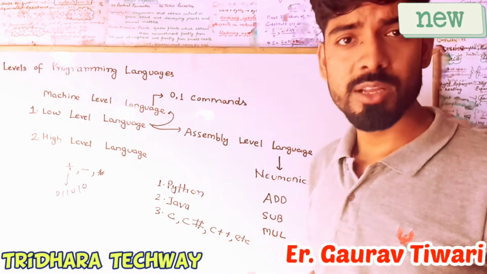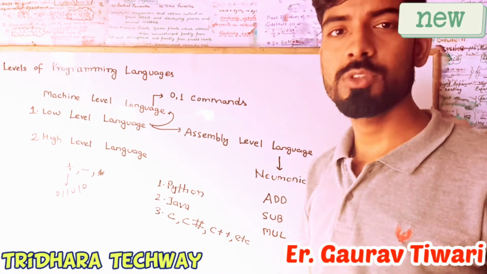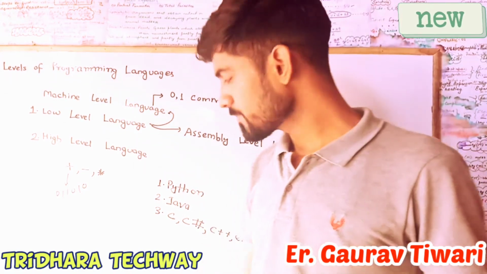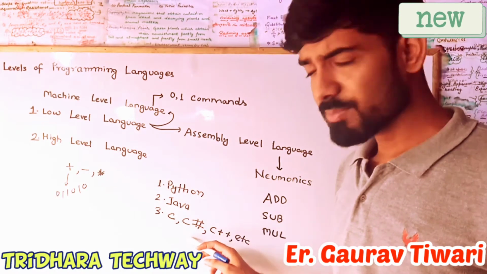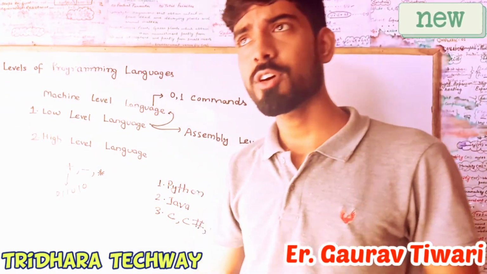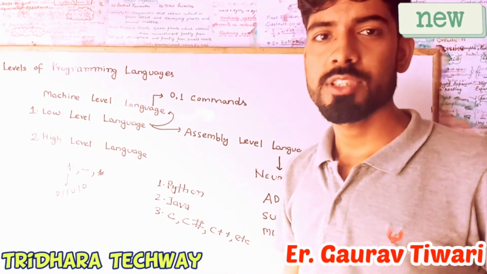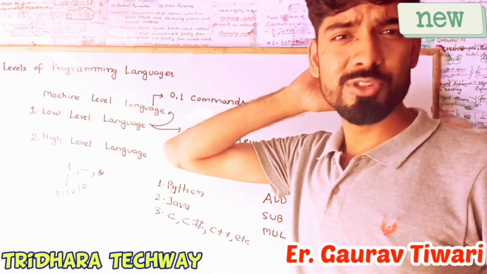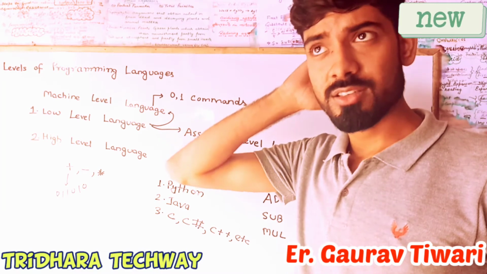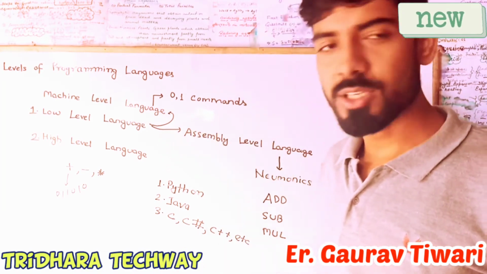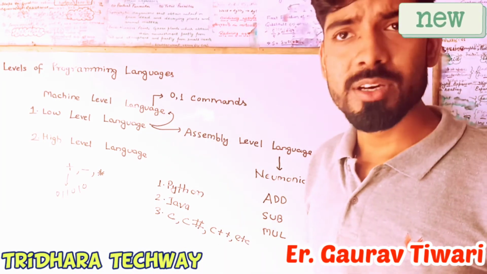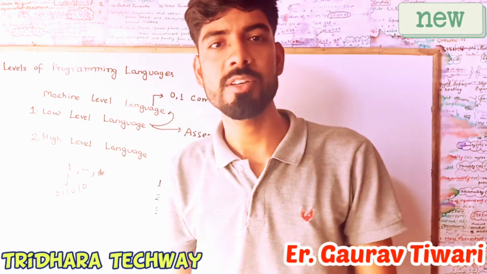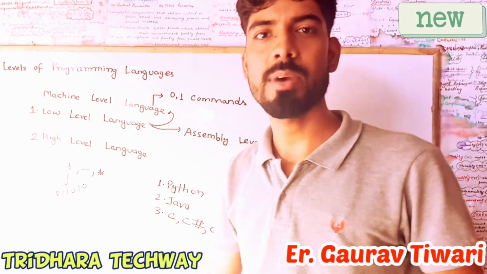Java is used for developing Android applications which you use in your Android phones. C and C++ are used for system software which you use on your desktop, like C compilers, Turbo C, and all these types of software are developed using C and C++. So, as per the requirement, different types of programming languages came to the market.